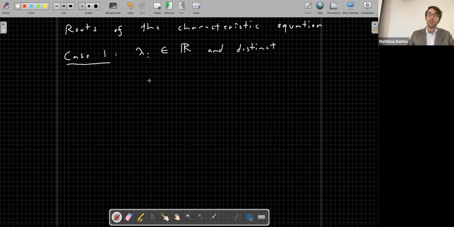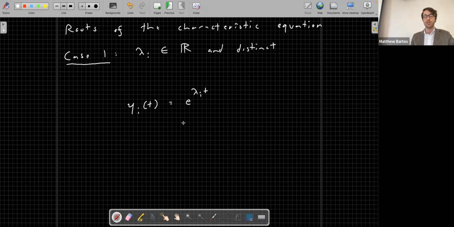Okay, the response corresponding to a root that is real and distinct will be of the form y_i of t is equal to e to the lambda_i t. So the component of your response corresponding to that root will be the exponential function evaluated at lambda_i t.